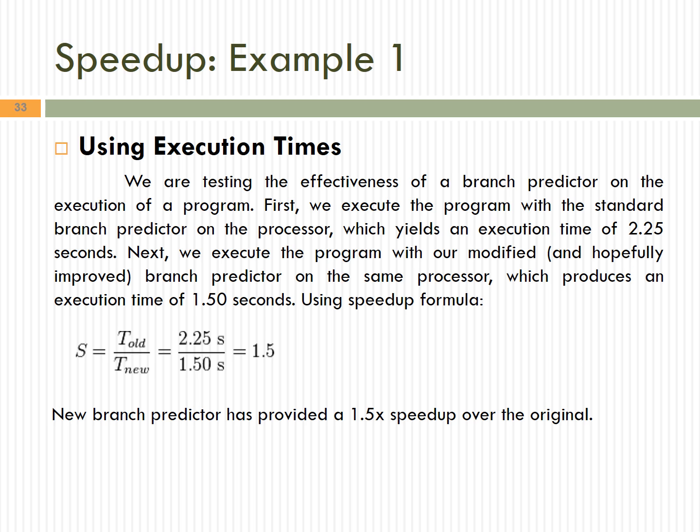Using the speedup formula, S equals T_old over T_new, which is 2.25 seconds divided by 1.5 seconds, and the result is 1.5. So the new branch predictor has provided a 1.5 times speedup over the original.